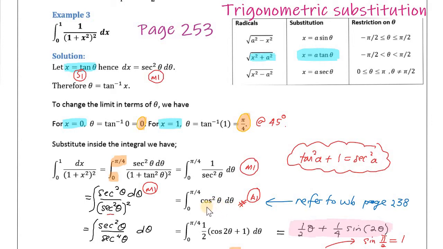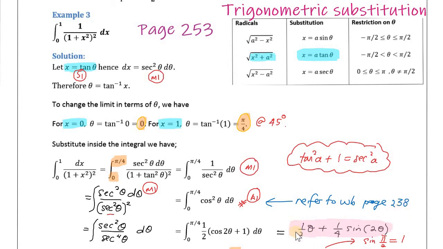Next, how do we integrate cosine squared theta d theta? We have done this integral last time. Look into your workbook, page 238. Why don't you look now into that page 238.